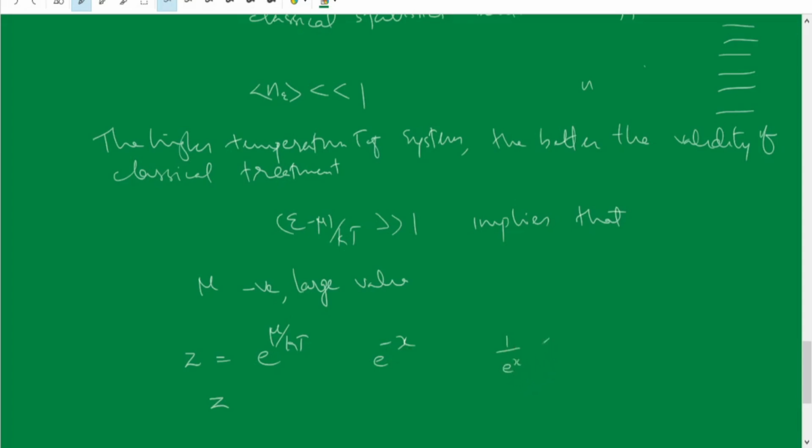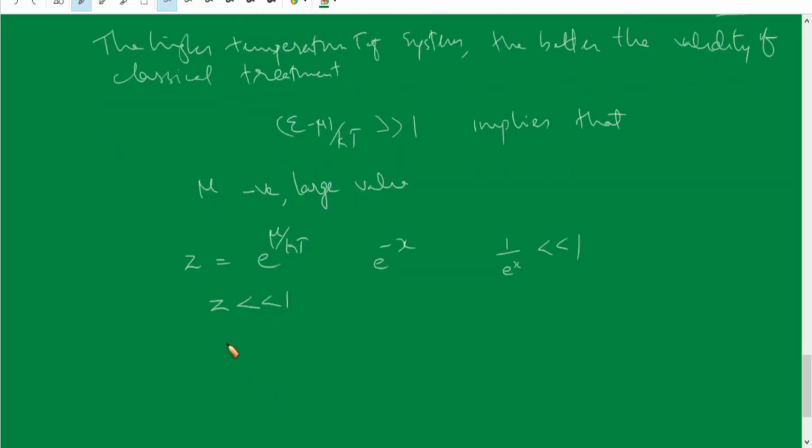So Z is very much less than 1, the value of Z is very small. In this case, Ne is very much less than 1, and when Ne is very much less than 1, we can write Z is very much less than 1.